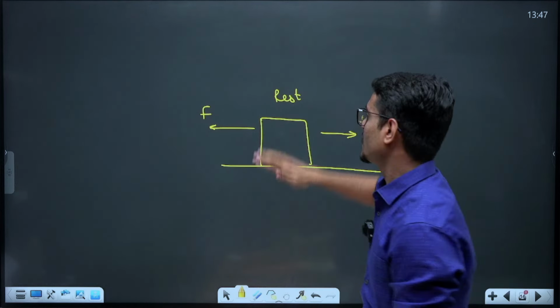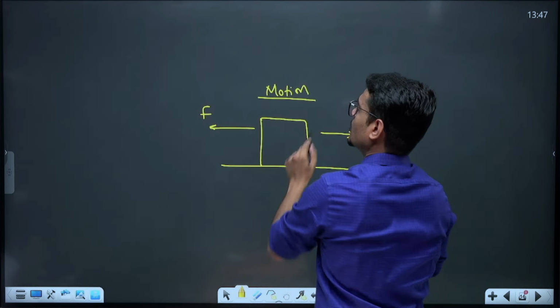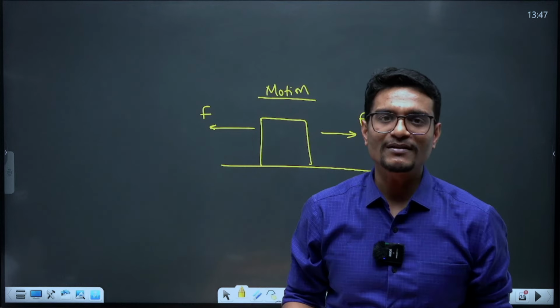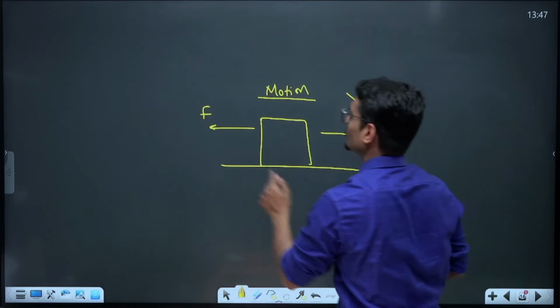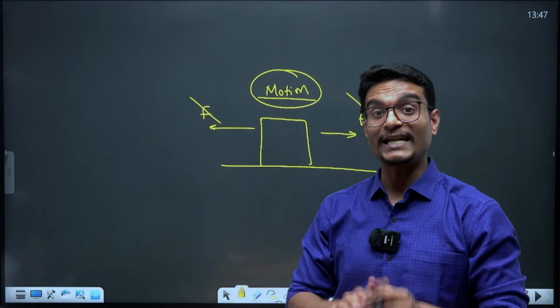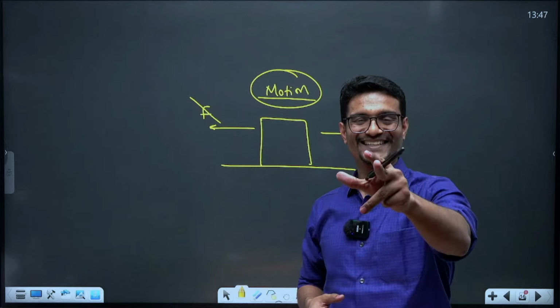And what will happen if it is already in motion, and then we apply two equal and opposite forces? This force will cancel out this force and the motion will remain. So this is called dynamic equilibrium. Easy?